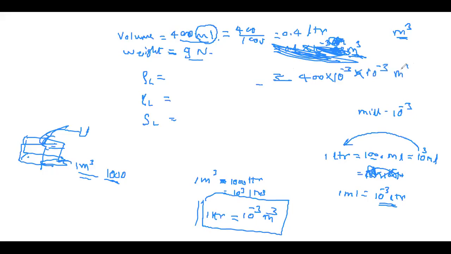Now it will become meter cube. So this 10 to the power minus 3 can also be written as 10 to the power 3 in the denominator, and that is nothing but 0.4 into 10 to the power minus 3 meter cube.